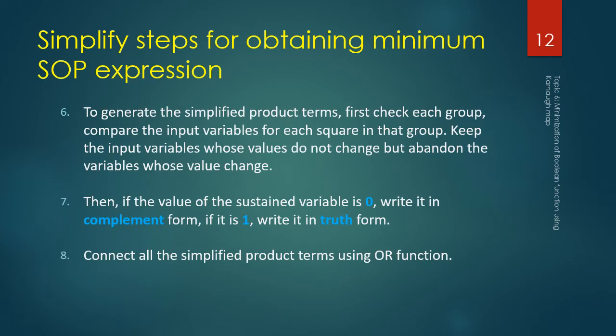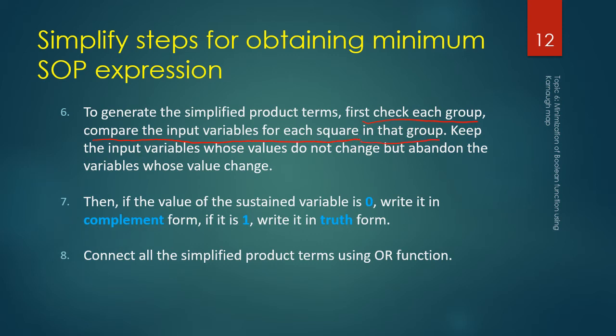So the grouping is a very critical step, but once we have done that correctly, then we are ready to generate the simplified product term, or the minimum SOP format. In order to do this, first we need to check each group and compare the input variables for each square in that group.